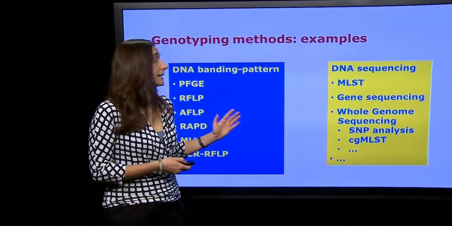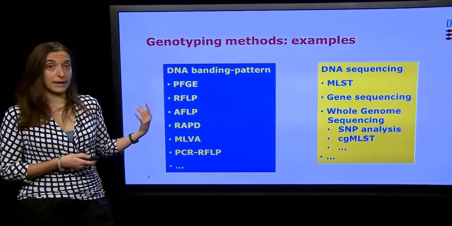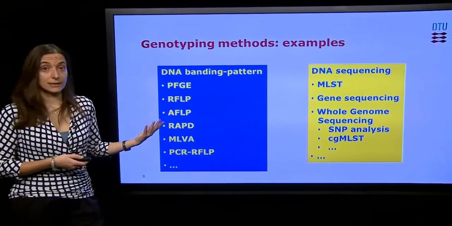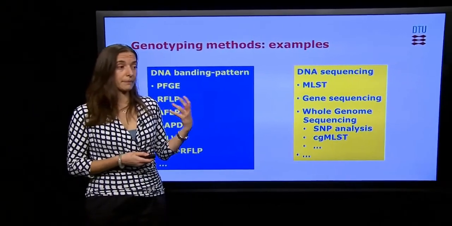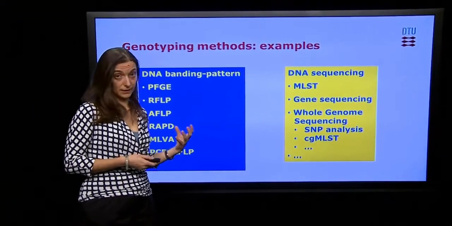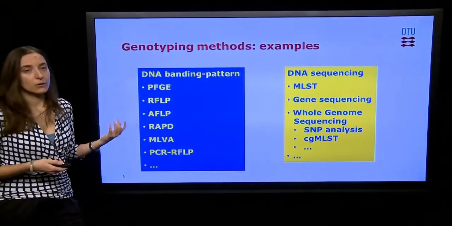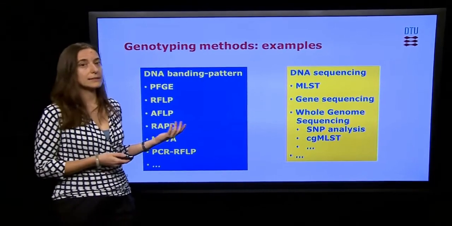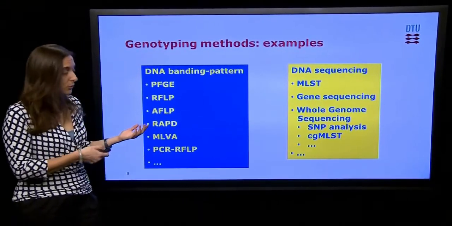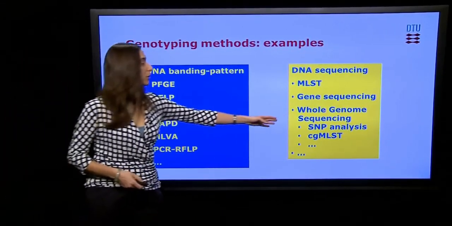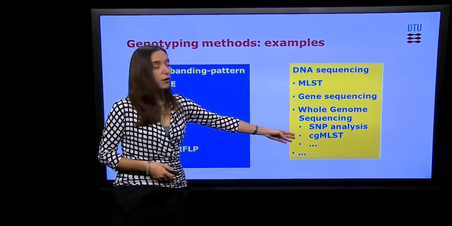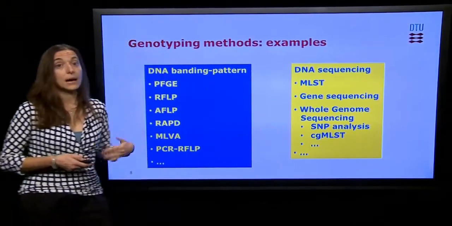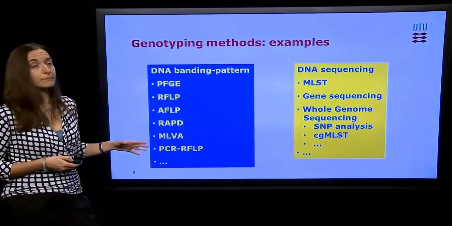Examples of DNA sequencing methods are MLST or gene sequencing, if we are interested in the specific sequence of a gene, or, what is more common nowadays, whole genome sequencing. And once we have the sequence data, we can perform what is called SNP analysis or core genome MLST, among many other typing methods.